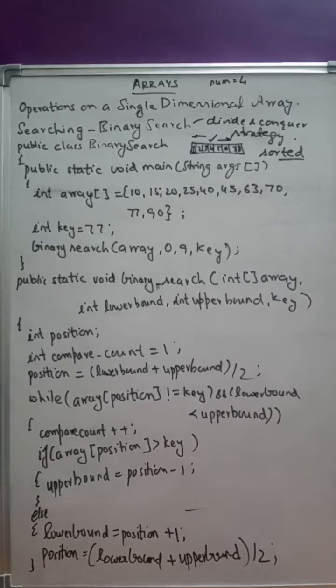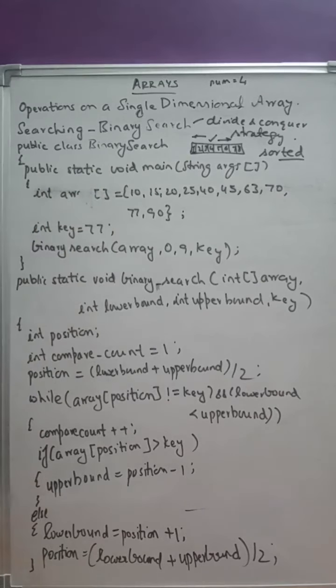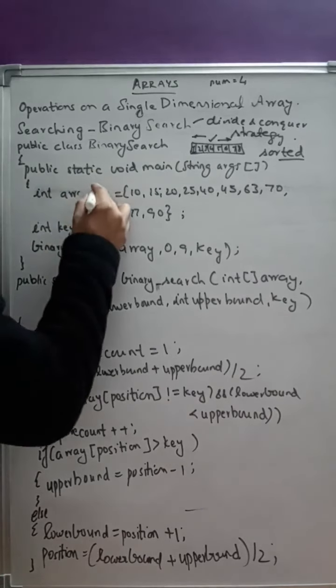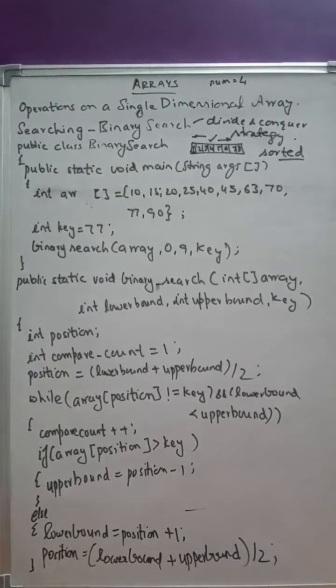Now, coming over to the program for binary search. In the program, first we declare the class, then the main function. In the main function, we first take an array. You can change the name, because I have taken a name that is a keyword, so it is better to skip that name.